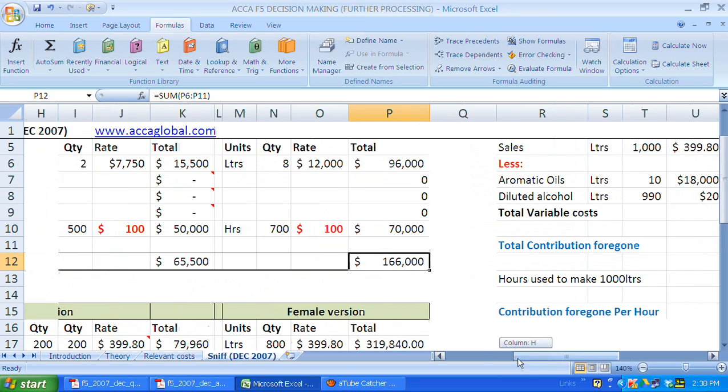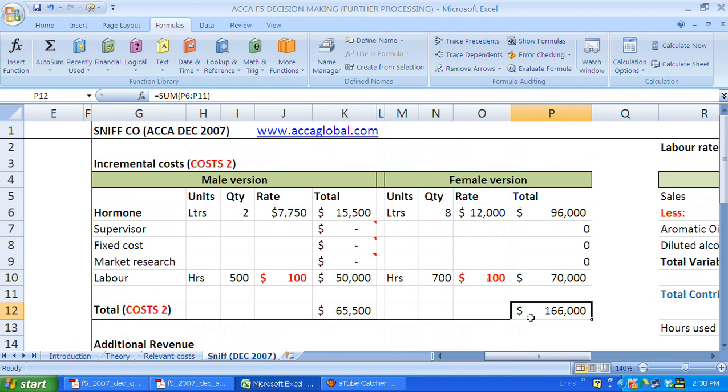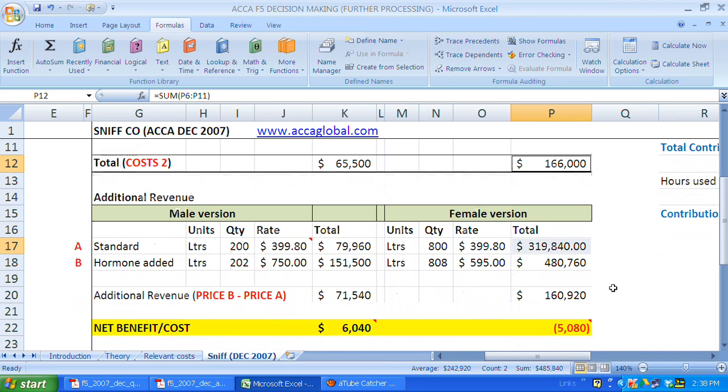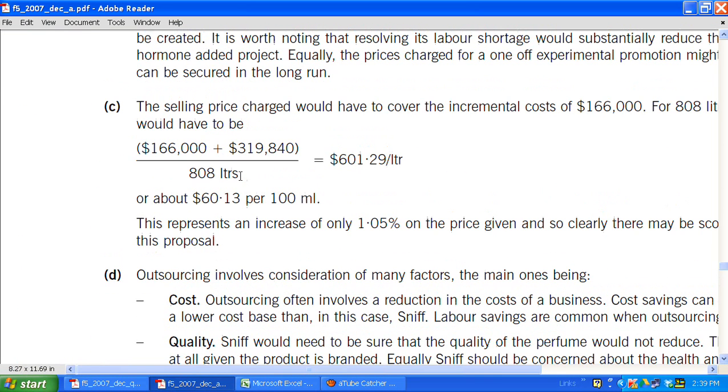Those are the additional costs from the female version. The standard female version costs 319,840. So to break even, the sum of 319,840 plus 166,000, which is 485,840, divided by the new volume of 808. Okay, so the solution is right here.